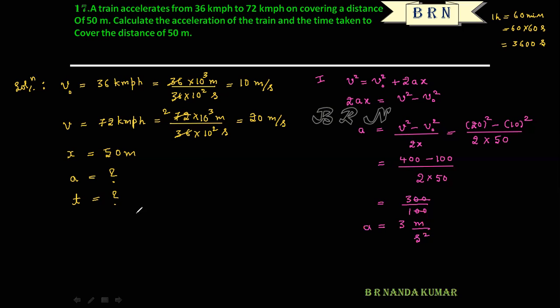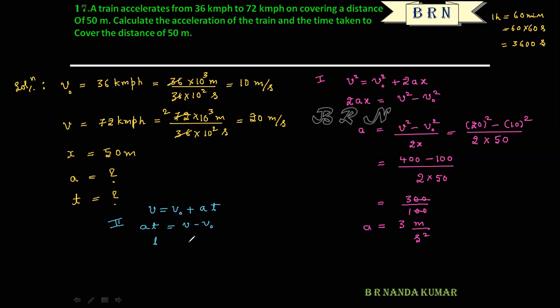And then we have to calculate the time taken to cover the distance of 50 meters. That is actually the second part. So that can be calculated by using the first kinematic equation, that is v is equal to v naught plus at. Okay, so at is v minus v naught.